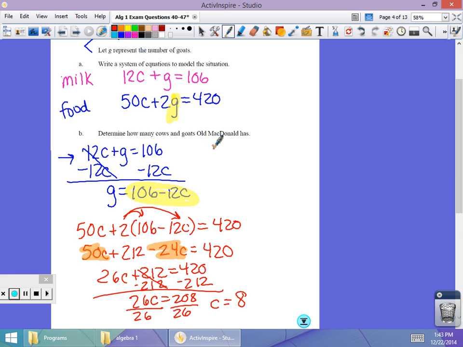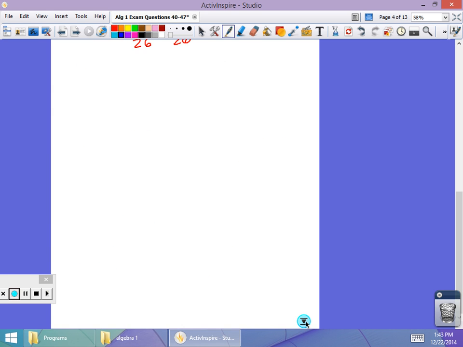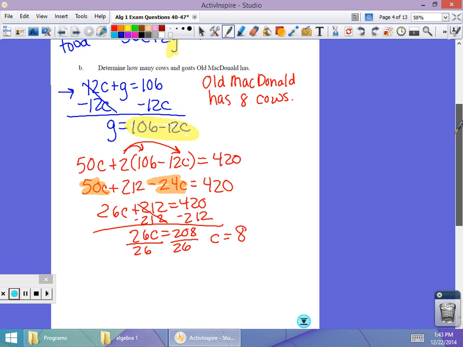So I know how many cows. Old MacDonald has 8 cows. But now I need to solve to find how many goats. I'm going to plug this C answer into this part of the equation.